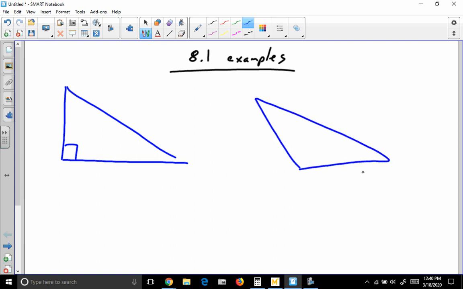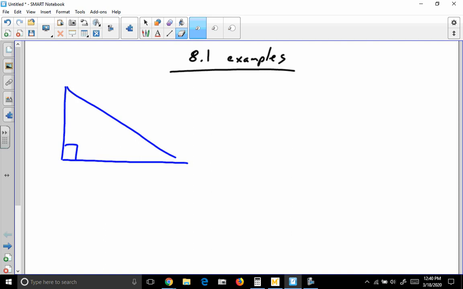They could be obtuse, acute, scalene, isosceles, anything that doesn't have a right angle in it. We can't simply use our trig ratios directly to solve those triangles. So what we need to use is the law of sines.